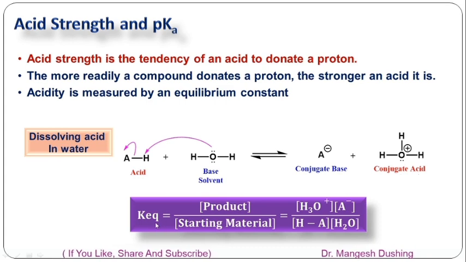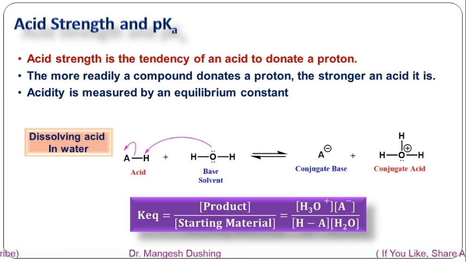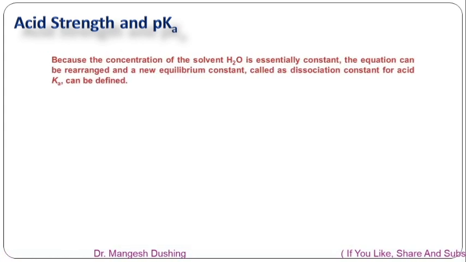The equilibrium constant is equal to, according to the law of mass action, the concentration of products divided by the concentration of starting materials. So, K is equal to the concentration of H3O plus into the concentration of the conjugate base, divided by the concentration of acid into the concentration of water. But as we know, water is a solvent, so its concentration is considered a constant.